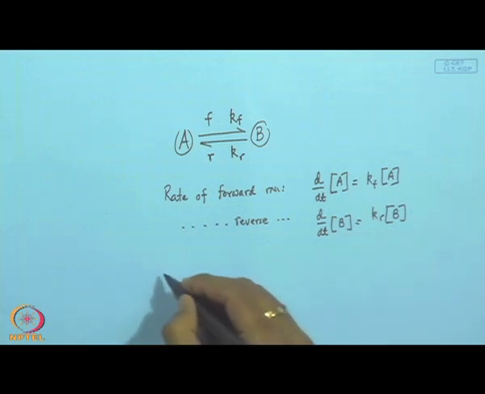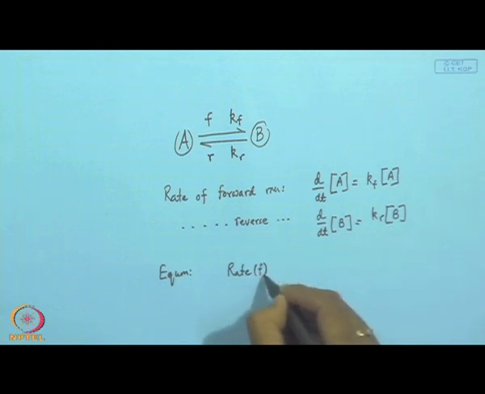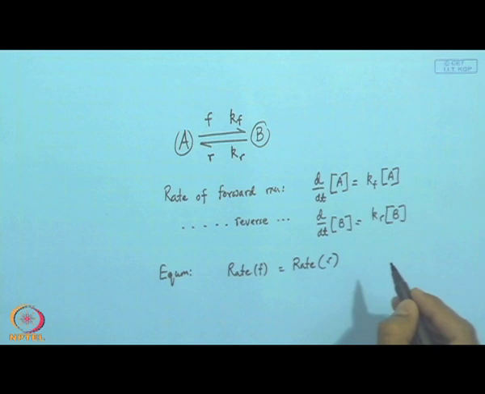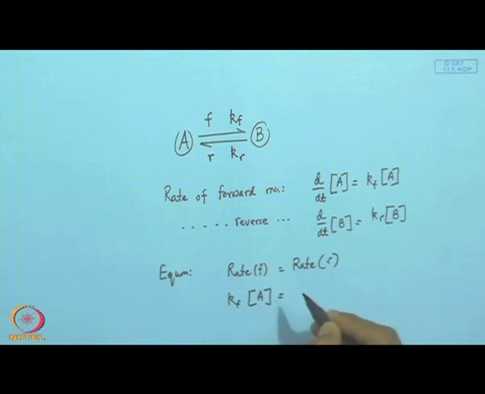So at equilibrium, what can we write? At equilibrium, rate forward is equal to rate reverse. So, we can write Kf into A is equal to Kr into B.